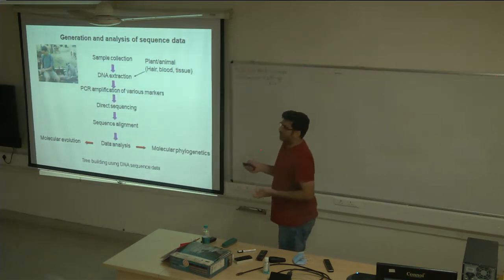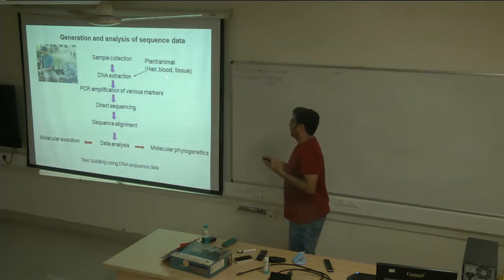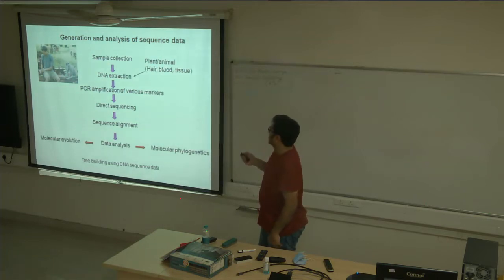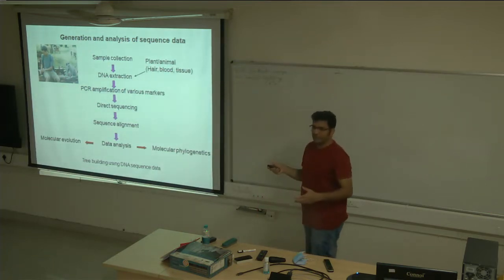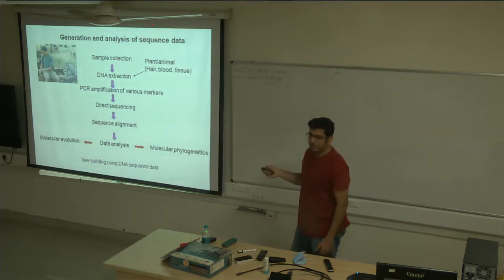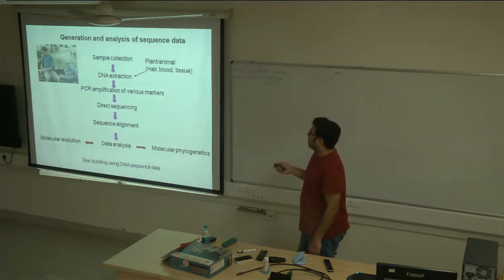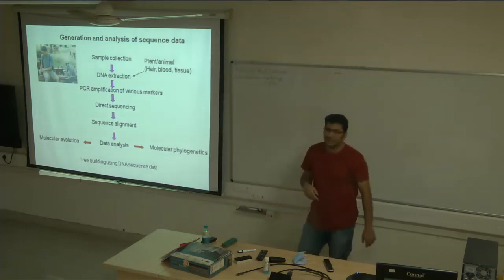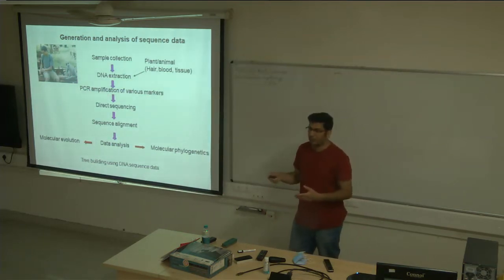If you're working on animals, the samples could be hair, blood, tissue, scat sample, basically anything that can give you DNA. Then you bring the sample to the lab and extract the DNA. You PCR amplify various markers. Markers here are different genes that you use to build the phylogeny.